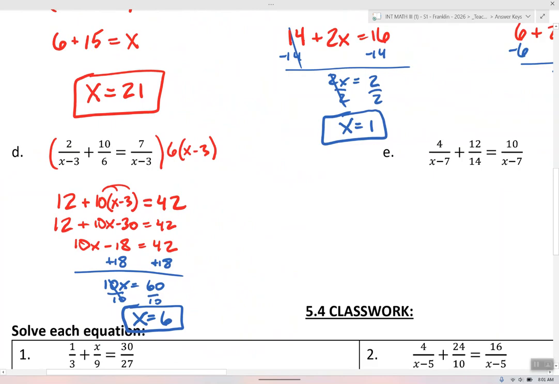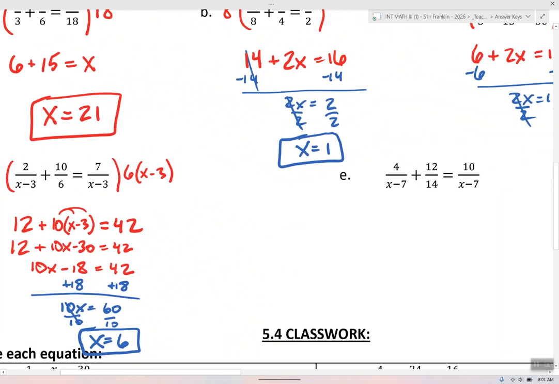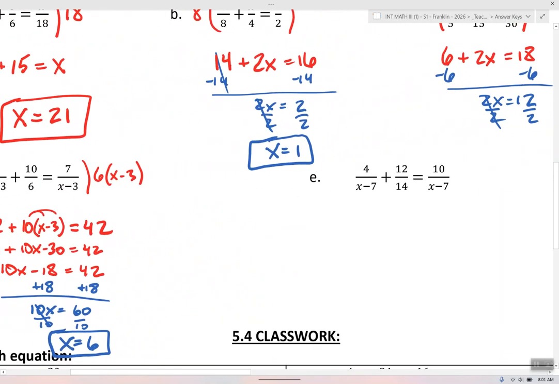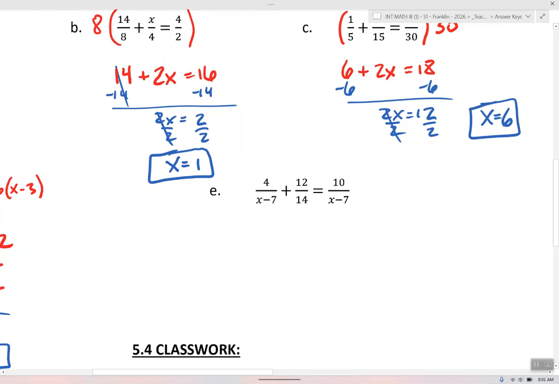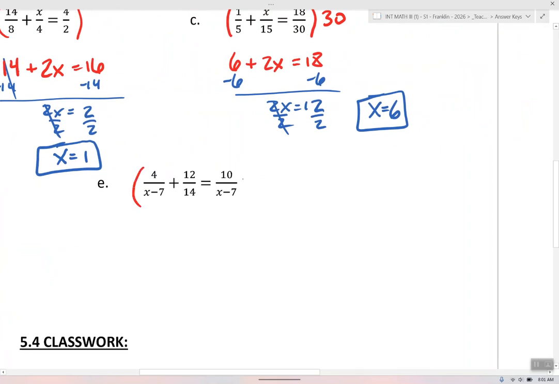Almost ran out of room there. Oh, let's try that exact same thing again. We've got 14 and x minus 7. And again, if I leave that in sort of a factored form, then I can pretty easily see that when I multiply 14 times 4 over x minus 7, the x minus 7's cancel out.